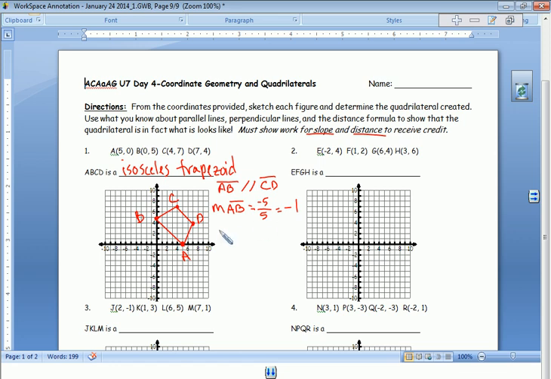Okay, you find the slope of CD, please. You get -3 over 3, which is -1.